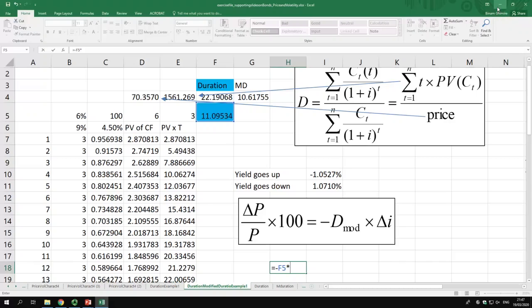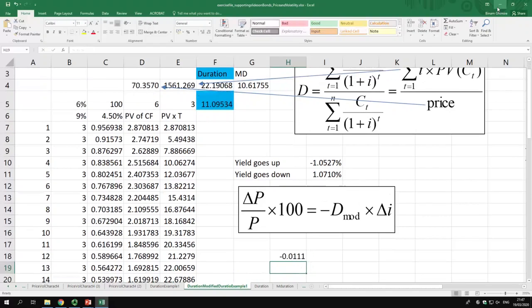You're talking about 0.10%, or you can put it in basis points, whatever. This is what you get. So hit enter and you get this, minus F5, which is the modified duration, which is 10.61. Sorry, it is not F5 but G4.